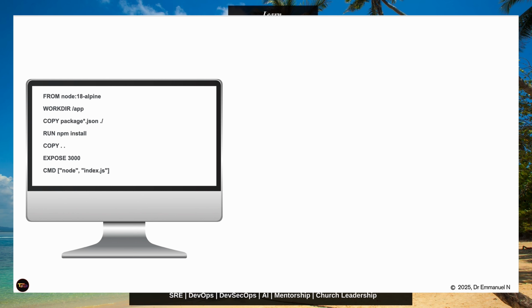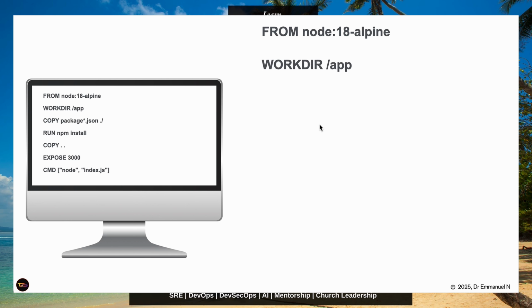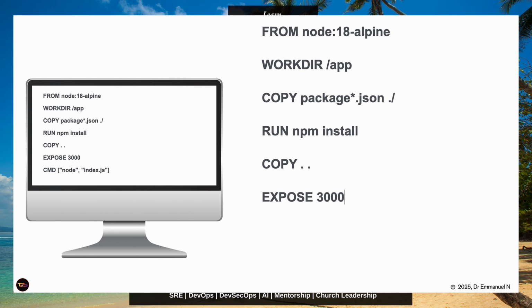We start with a Node.js base image, set up the working directory, install dependencies from package.json, copy in our source code, and finally we expose port 3000 and tell Docker how to start the application. Simple, clean, and ready to go.